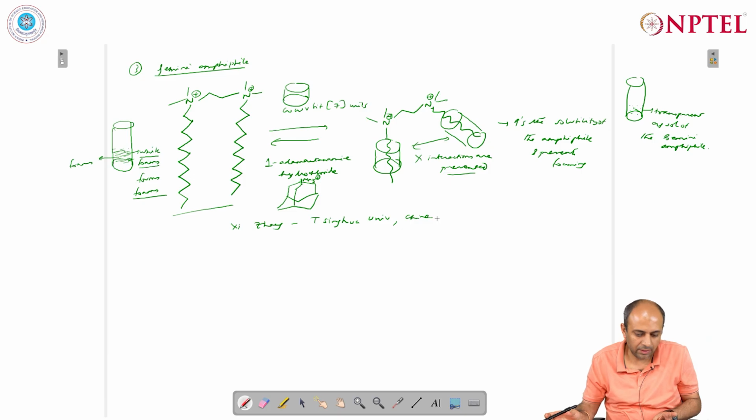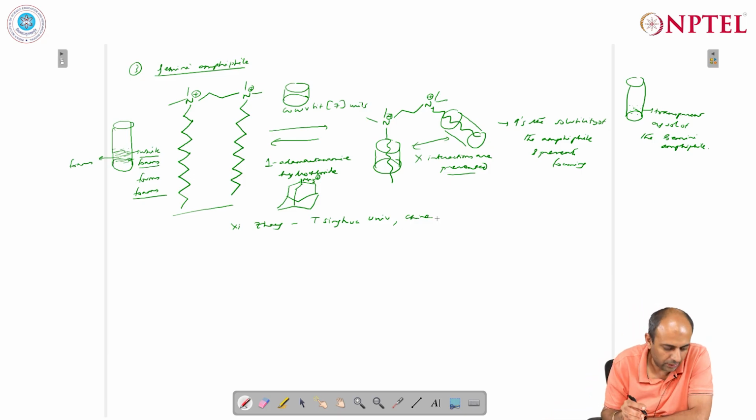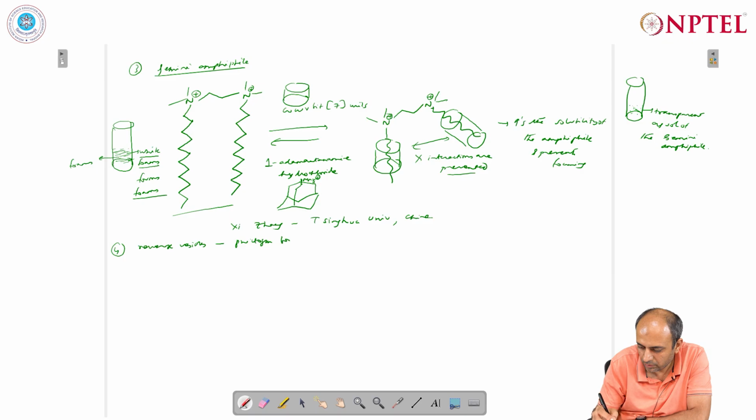And another last example I would like to discuss here is the formation of reverse vesicles using hydrogen bonding.